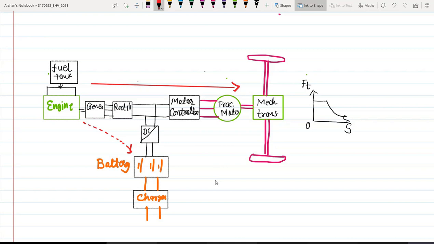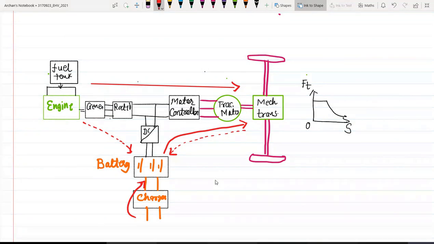Then there is another possibility that this battery will provide the power to the load, or in case of braking, this load and kinetic energy will help to charge the battery, or to charge the battery we will use this charger. So this is how the flow of power will take place in this particular vehicle. Remember always this motor needs to provide this kind of torque speed characteristics.